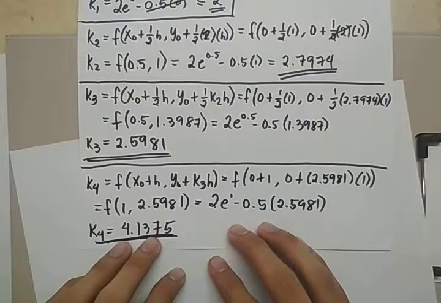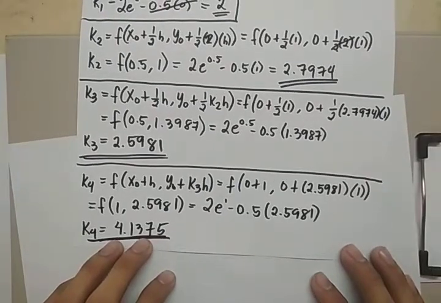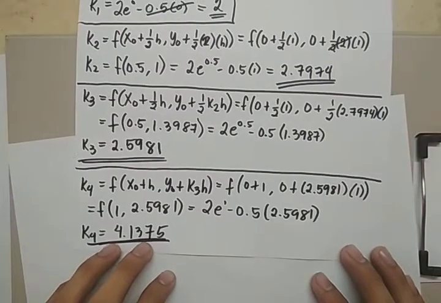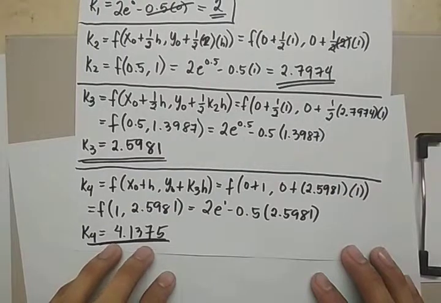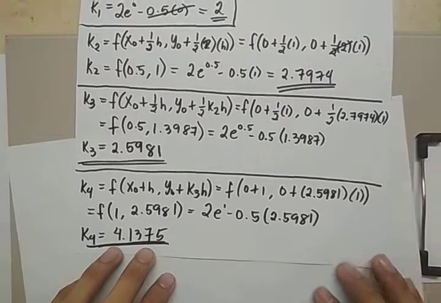So we have function of 0 plus 1 and 0 plus 2.5981 multiplied by 1. So we have function of 1 and 2.5981. So we just substitute. We have 2e raised to 1 minus 0.5 times 2.5981. So our k4 is equal to 4.1375.